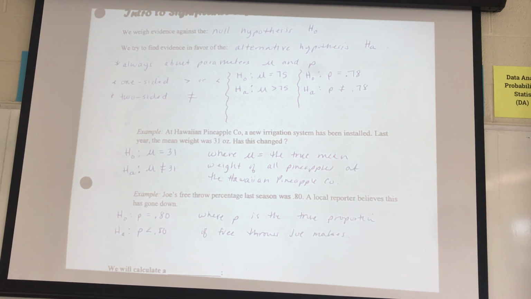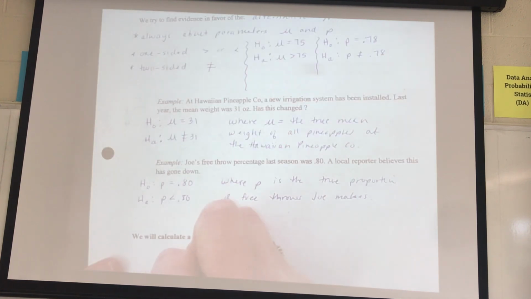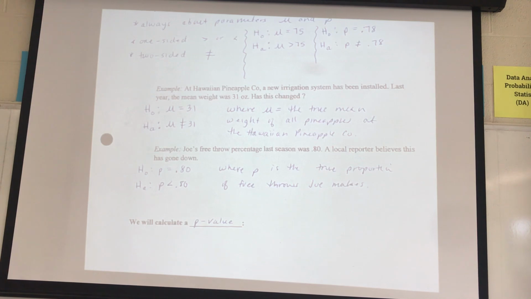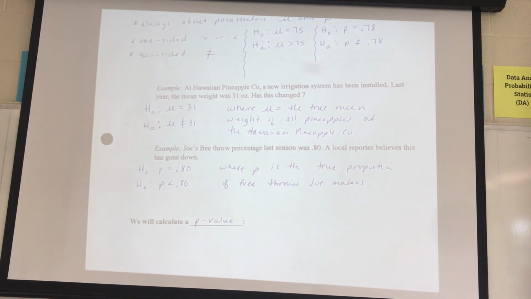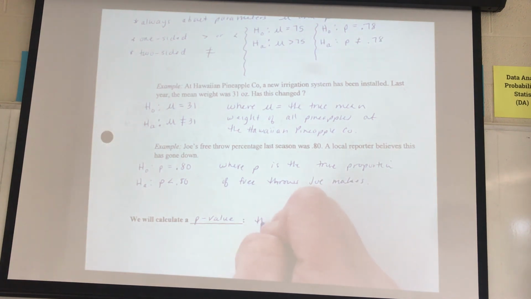Once the calculations happen, you get this thing called a p-value. So we will calculate a p-value. I want to talk about what a p-value is. It's a very specific definition. Okay, so the p-value is the probability, assuming that the null hypothesis is true.